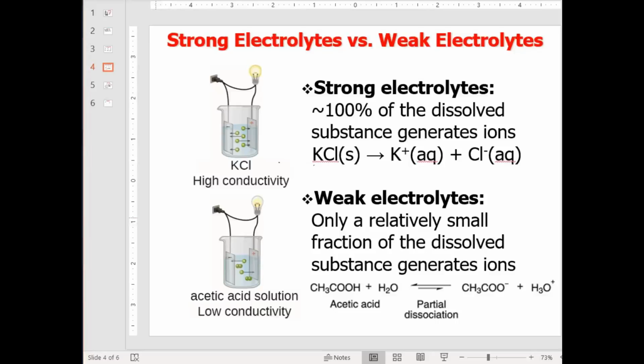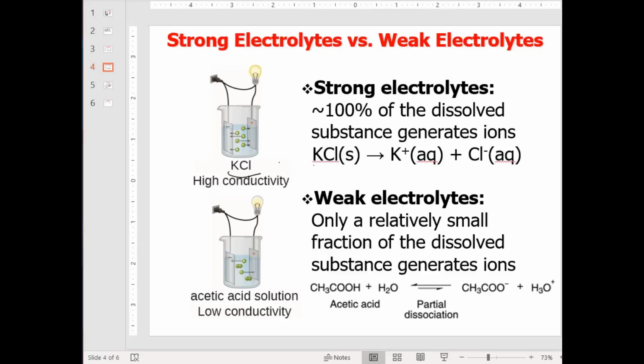The conductivity of an electrolyte solution is related to the strength of the electrolyte. Solutions of electrolytes contain ions that can conduct electricity. The more ions in the solution, the stronger the conductivity of the electrolyte solution. Potassium chloride is a strong electrolyte.